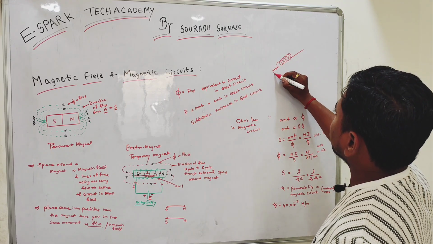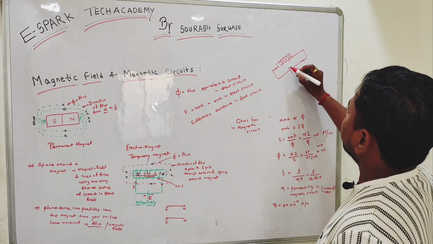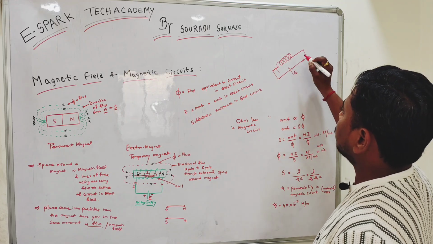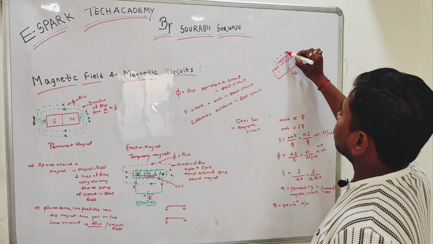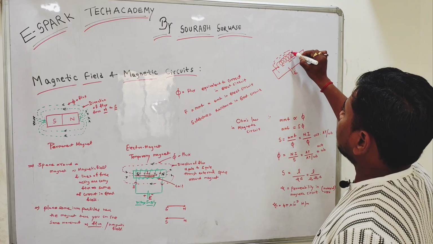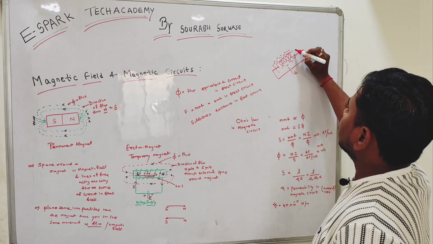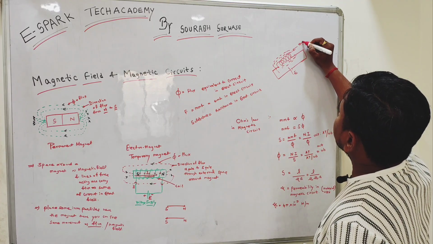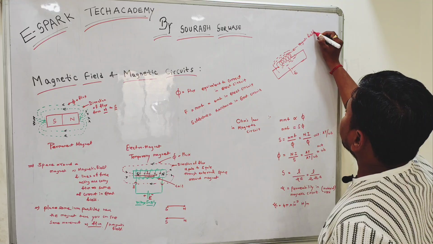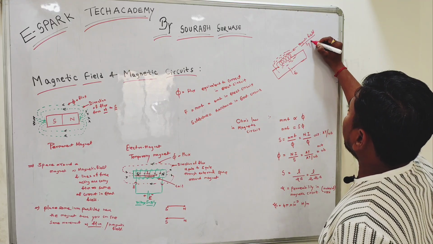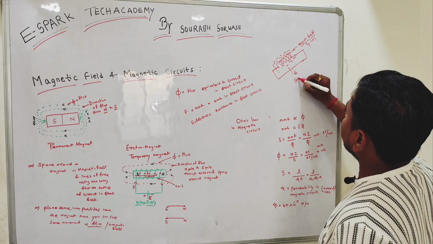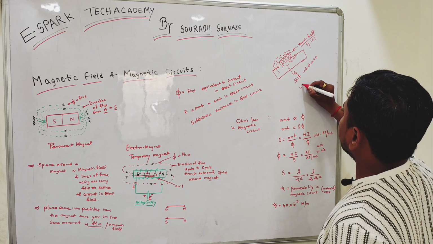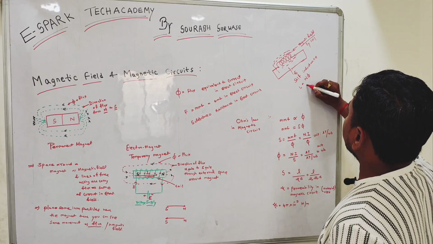When we energize this coil with a voltage, current will flow through it, and a magnetic field is created by the coil. It will create a self inductance. Self inductance is L equal to N phi by I.